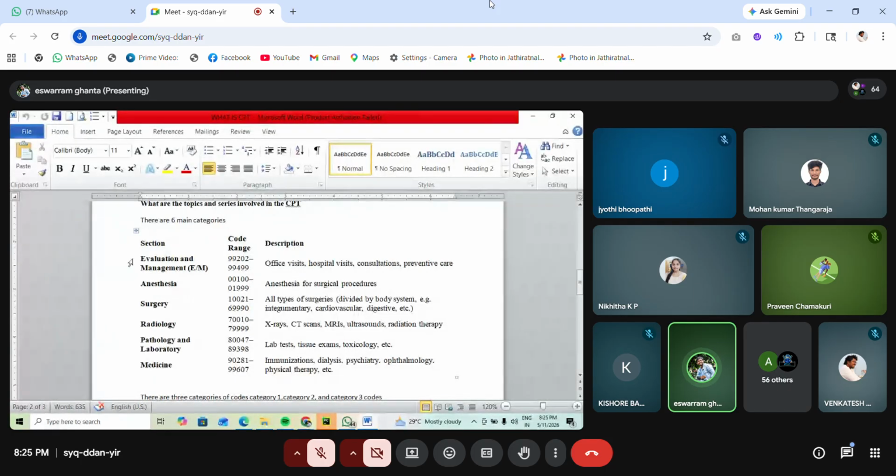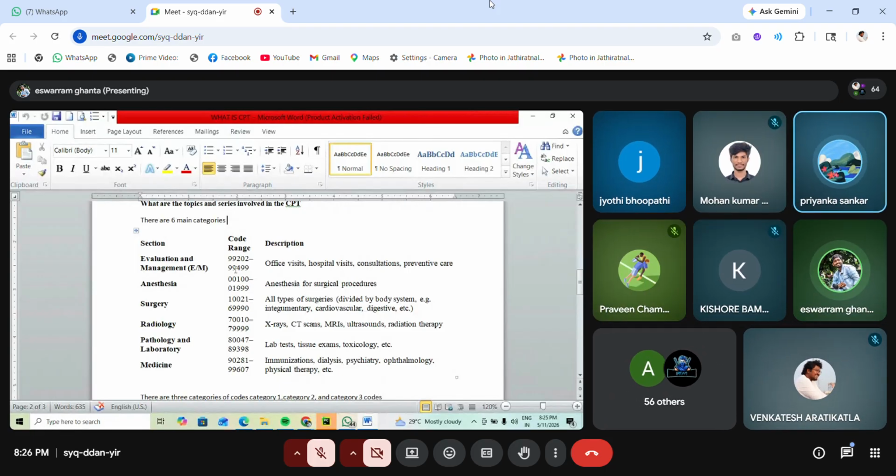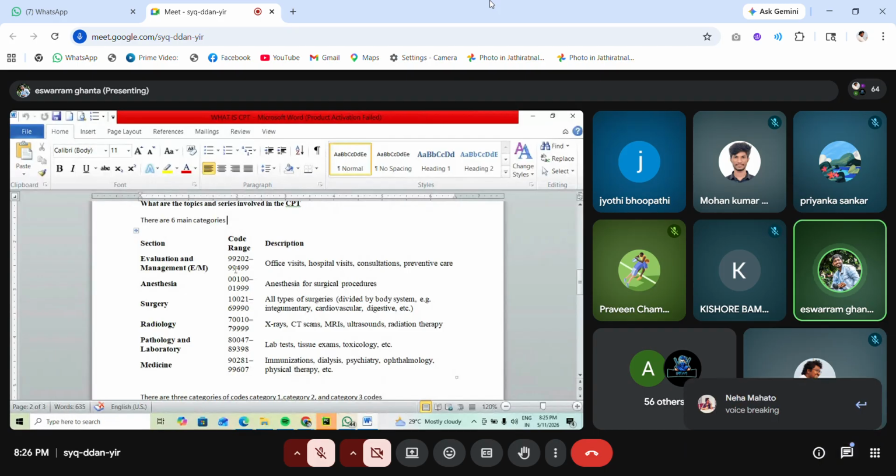The first chapter is evaluation and management. What is meant by evaluation and management? Simply, evaluation is assessing the patient's condition, and management is giving the treatment.